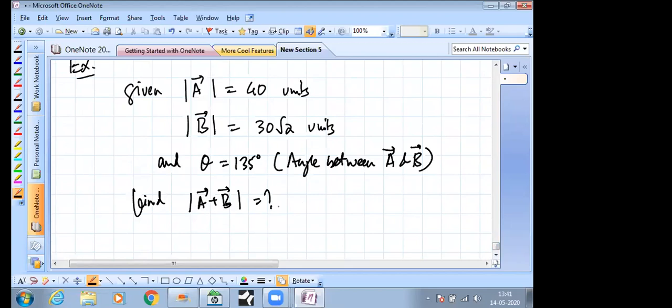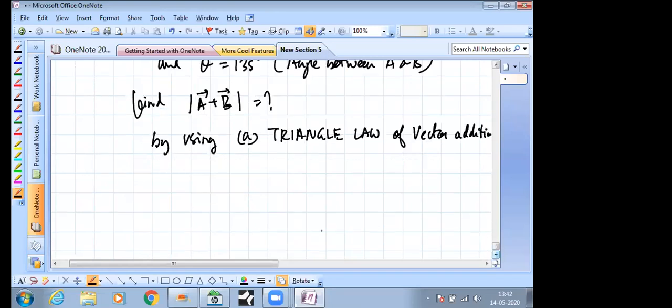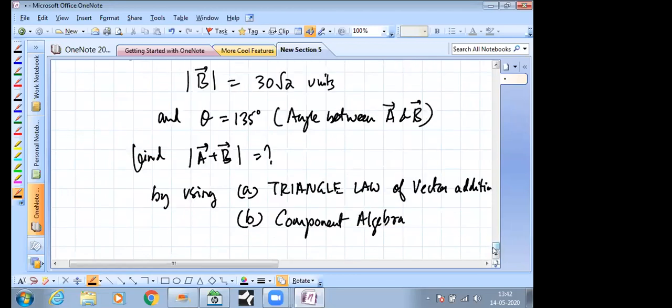So, find this out by using triangle law of vector addition. But let's also find it out by using component algebra. And obviously by both the methods, the answer should come out to be the same. So let's see how that works out.